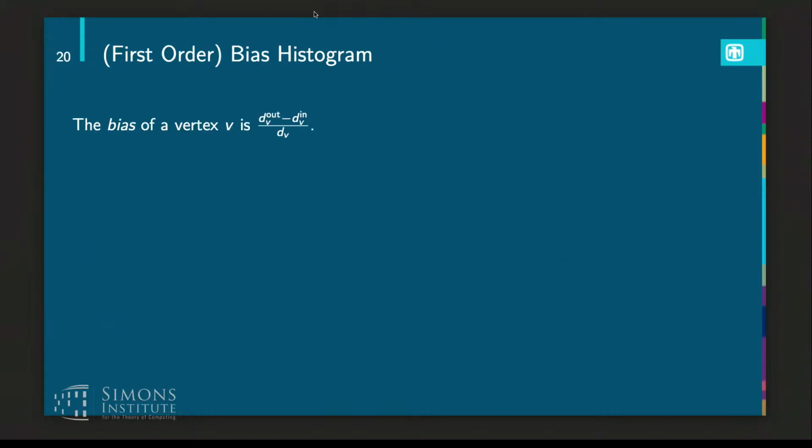To describe how you do that, first I want to get a bit more specific about this idea of a histogram of biases. The bias of a vertex is the difference between its in degree and its out degree, normalized by the degree itself.